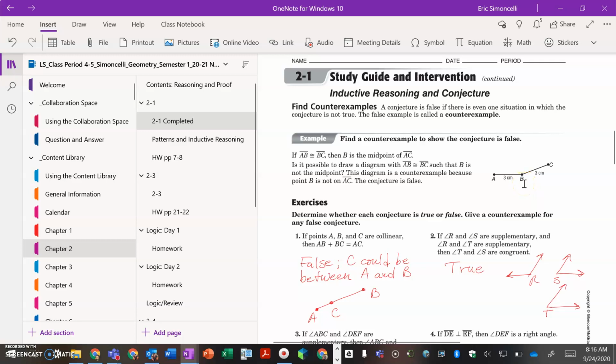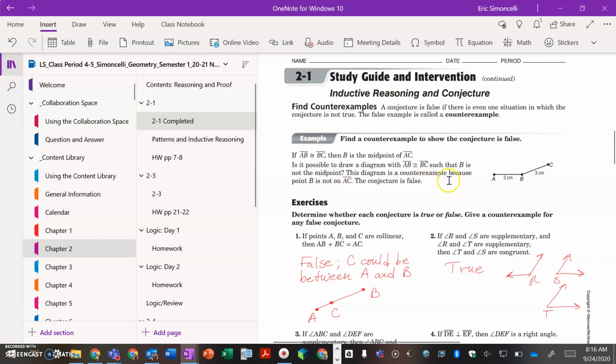Now as it turns out, the way that this picture is drawn, it's very clear that these segments are not combined in such a way where all 3 points are collinear. I could have drawn points A, B, and C on the same line so that they were collinear, and yes, then this statement would technically be true. But here's what they say. Is it possible to draw a diagram with AB congruent to BC such that B is not the midpoint?